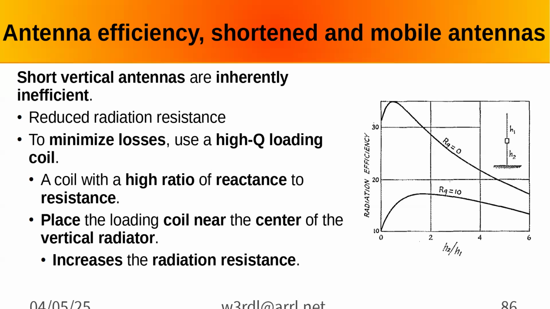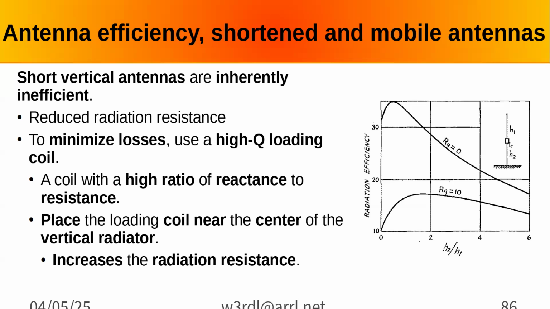And that way you get some increase in radiation resistance, and you get a better pattern coming out of the antenna because it's higher. This chart over here is kind of showing the radiation efficiency versus that H2/H1 ratio, which is where the loading coil is located.